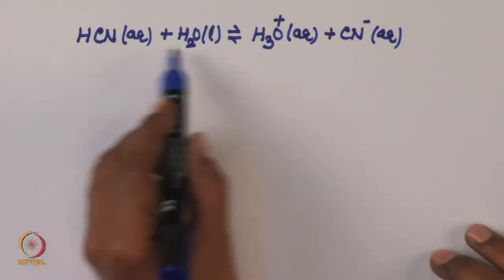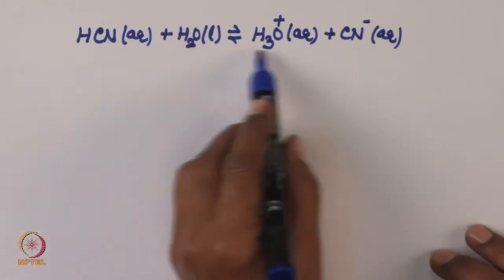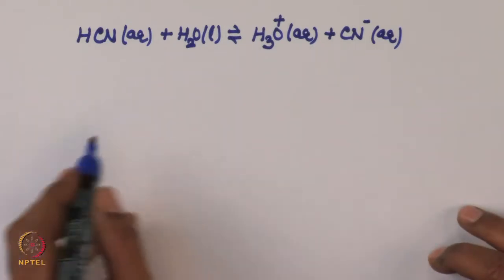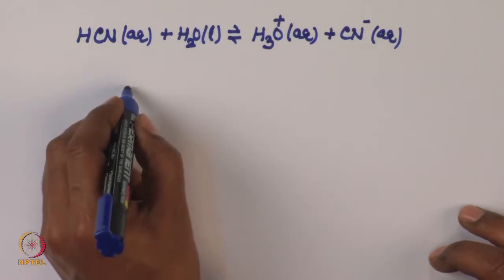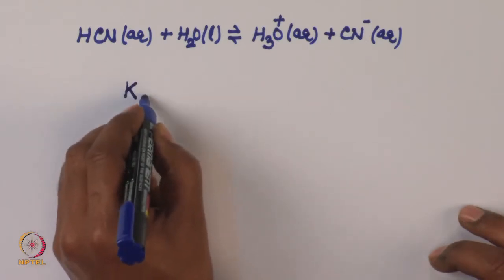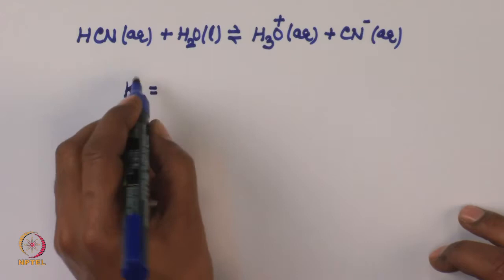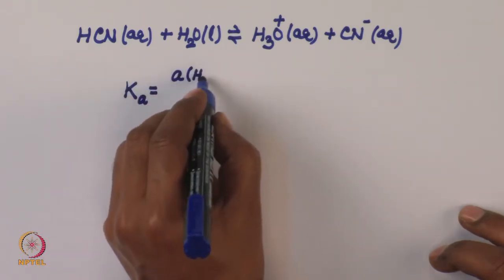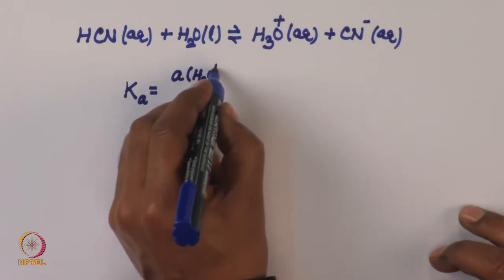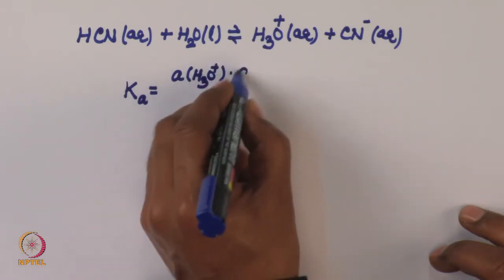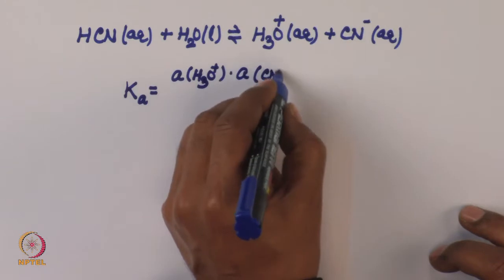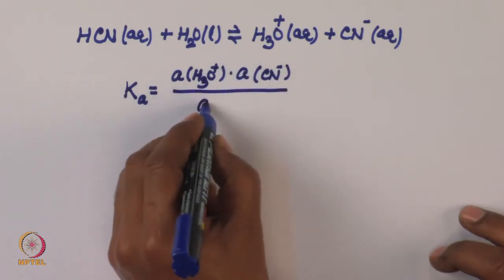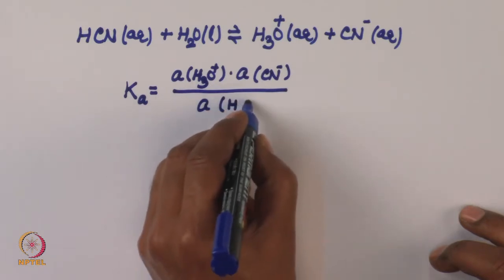When HCN is added to water, you have this equilibrium. And we will write an expression for the acidity constant, which will be the activity of H3O+ times the activity of cyanide over the activity of HCN.